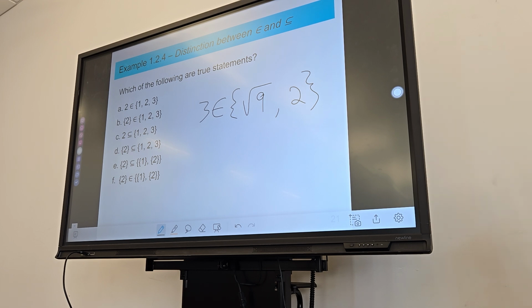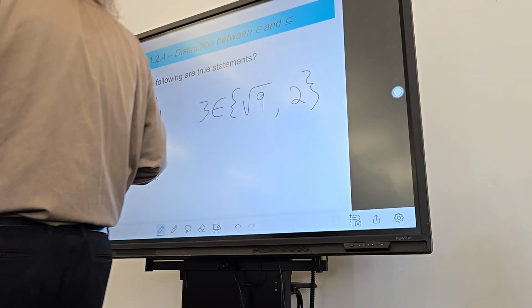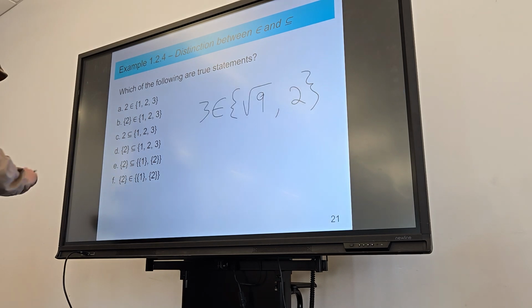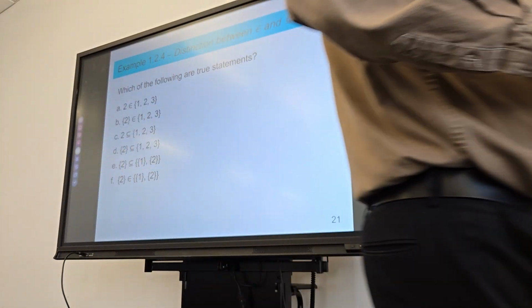So 3 is an element of that set. So, yeah, it has to match up in some way for it to be an element.